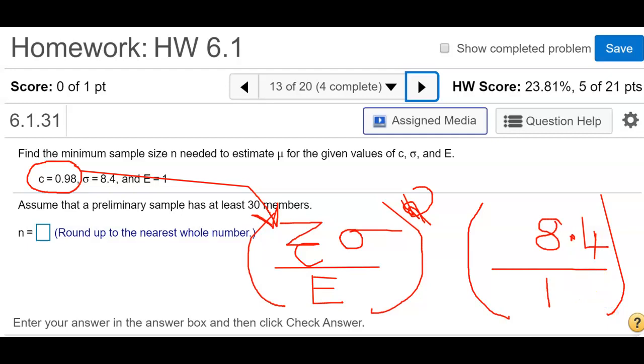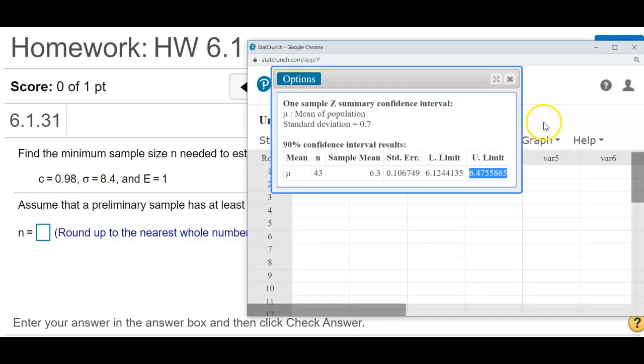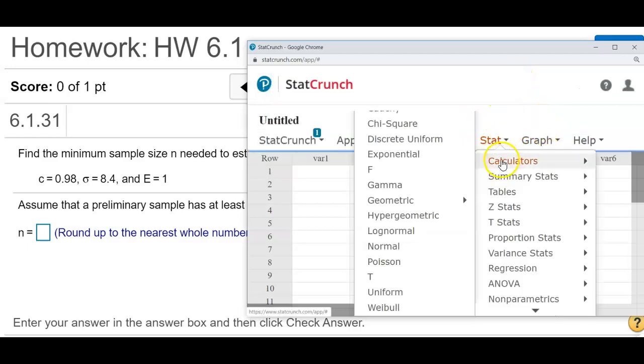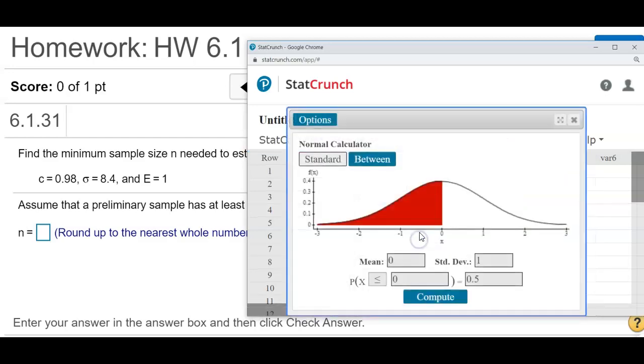How do I find my ZC? Let me see if my StatCrunch is open. I'll have to unclear this one so I can get to my StatCrunch. I go to stats, calculators, and normal.